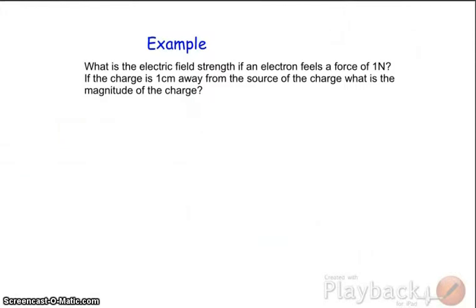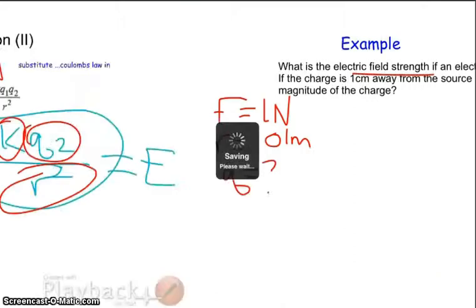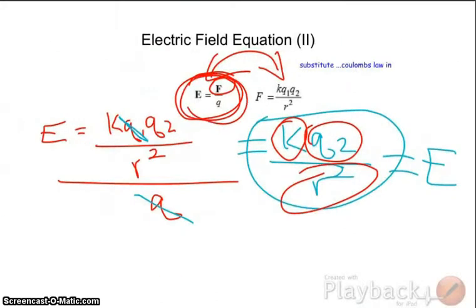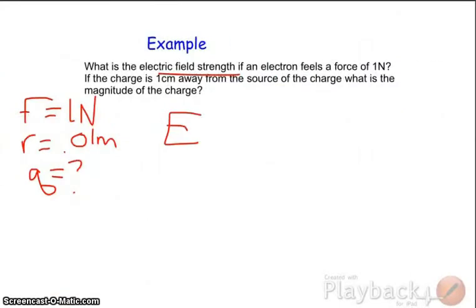Alright, so what is the electric field strength? If an electron feels a force of 1 newton at a distance of 1 centimeter, 0.01 meters, from the source, what is the magnitude of the charge? Well, we're dealing with distance, so we know we're not going to use the simple one, but we can use this one. E equals kq over r squared.